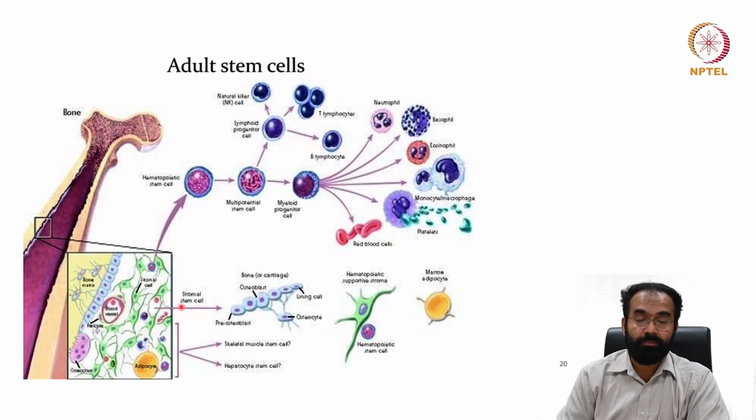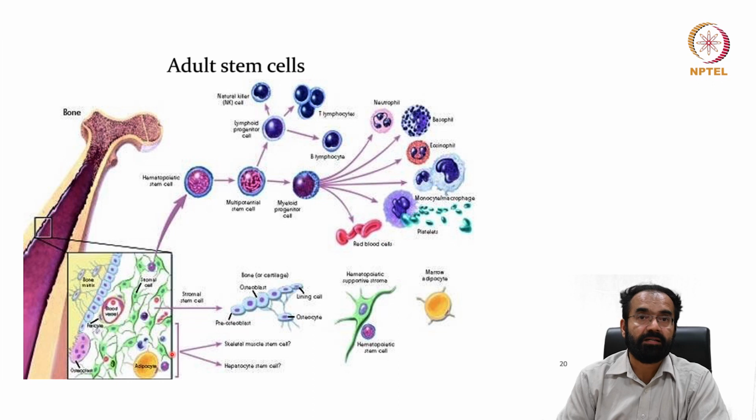And the stromal stem cells present in the bone marrow can give rise to bone or cartilage, and can also give rise to other hematopoietic stem cells, and also to adipocytes, that is the fat storing cells.